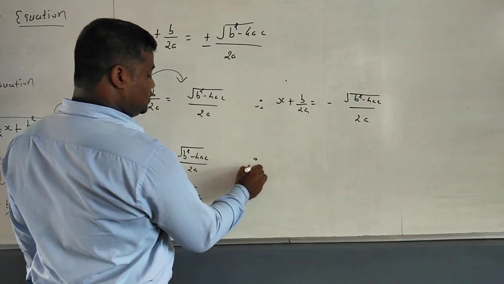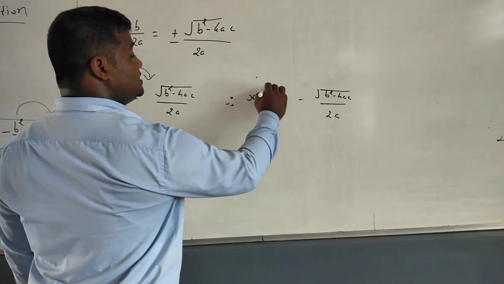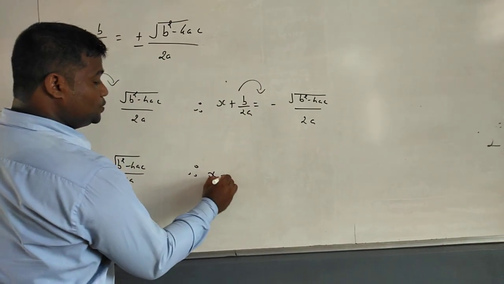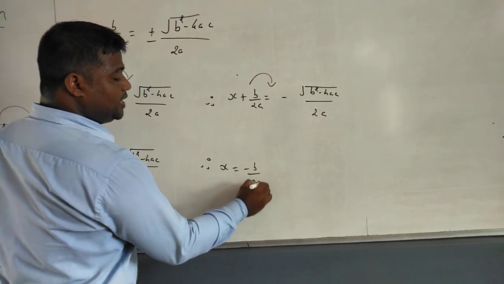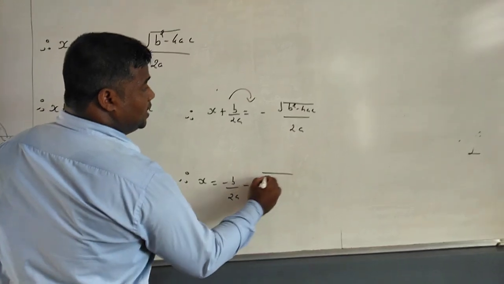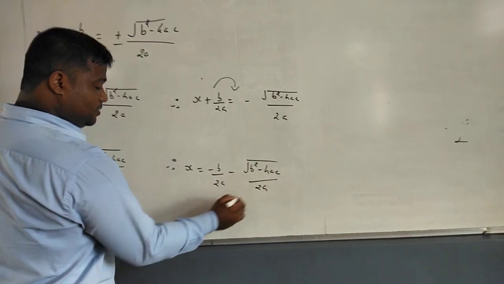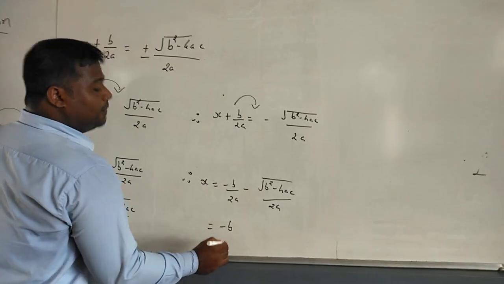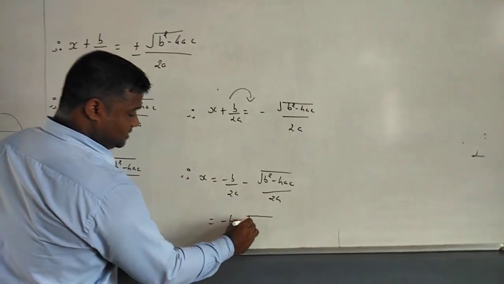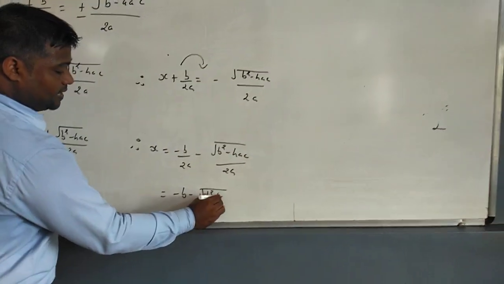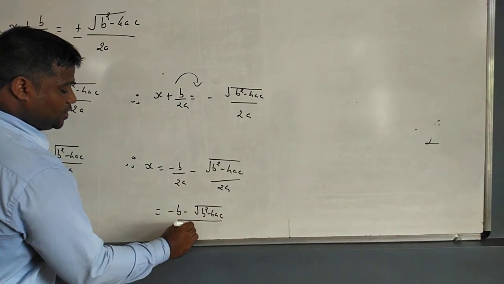And another root is when this goes over this side. So x = −b/2a, already this is negative, minus √(b² − 4ac)/2a. The denominator is the same, so you are allowed to write (−b − √(b² − 4ac))/2a.